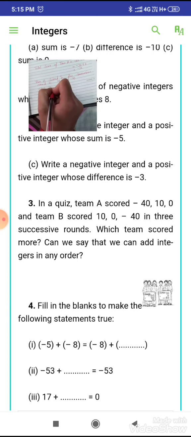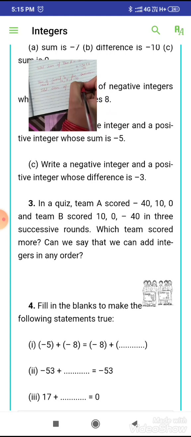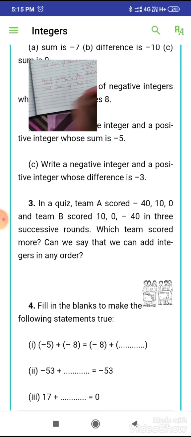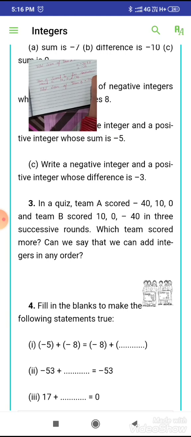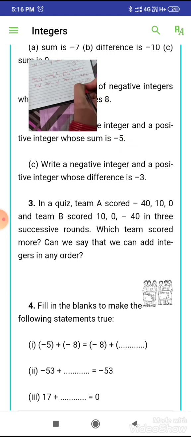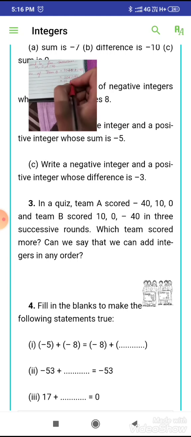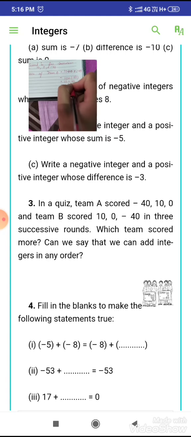Total score of team B is equal to 10 plus 0 plus -40. 10 plus 0 is 10, plus -40. 10 plus minus is again minus. 10 minus 40 is -30.